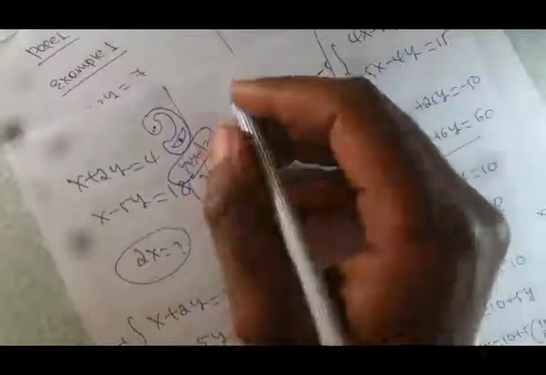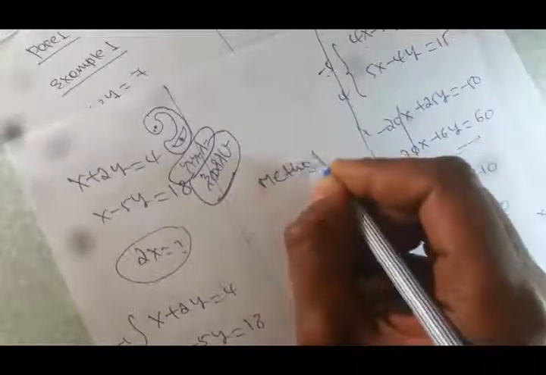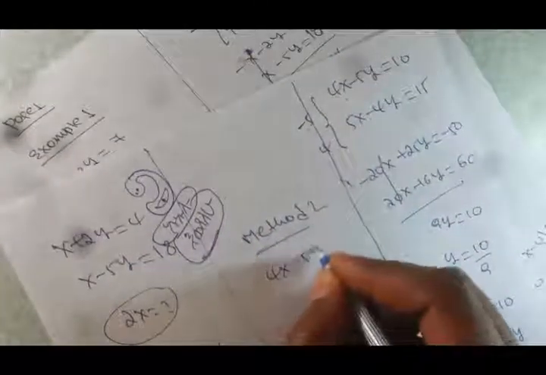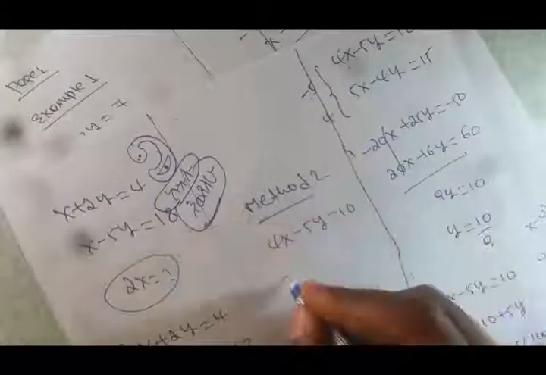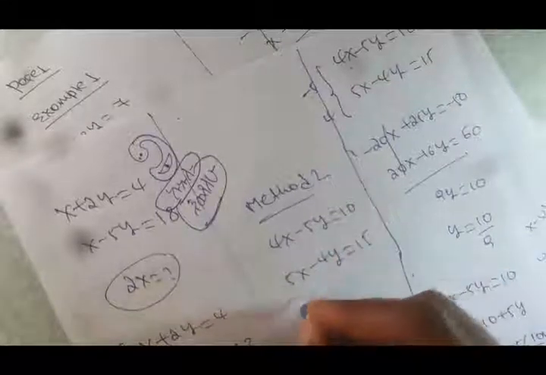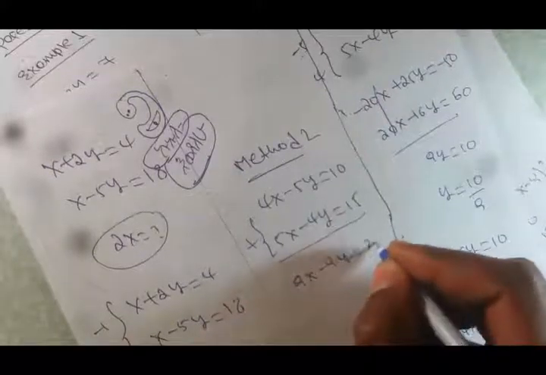This is method 1. We can also use method 2. Method 2 is 4x minus 5y is equal to 10 and 5x minus 4y is equal to 15. When we add them vertically, 9x minus 9y is equal to 25.